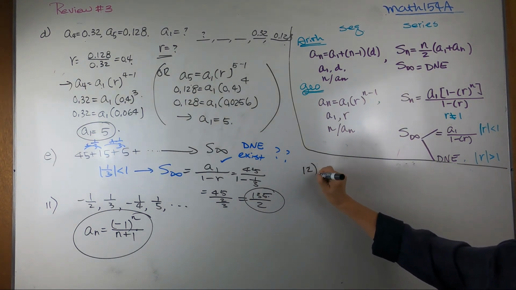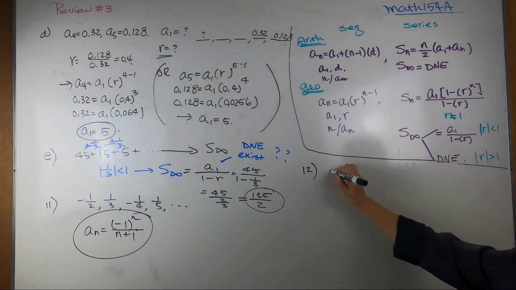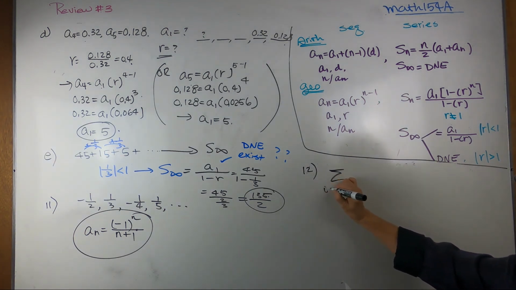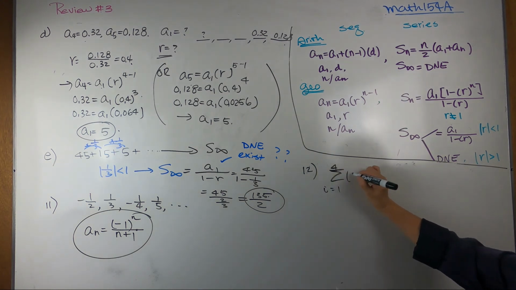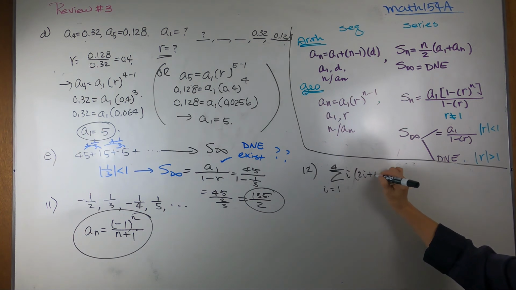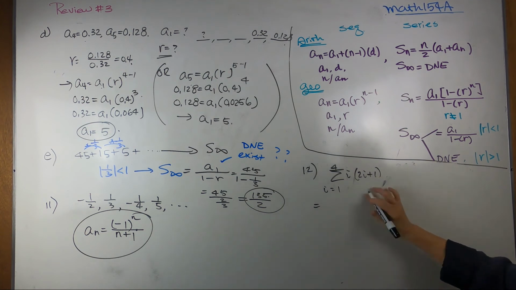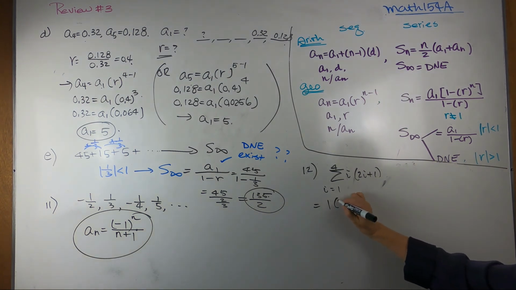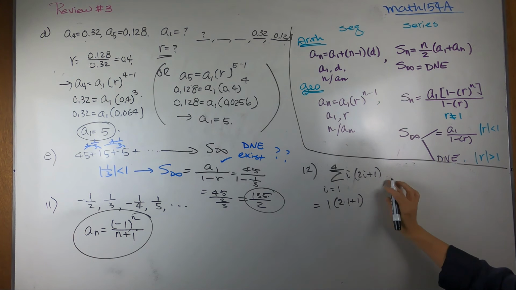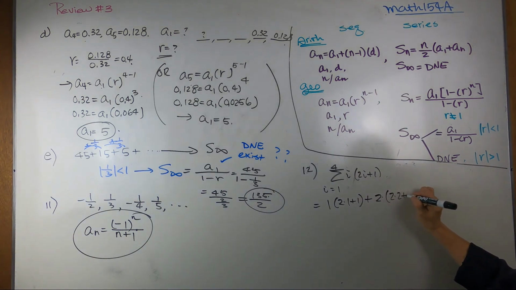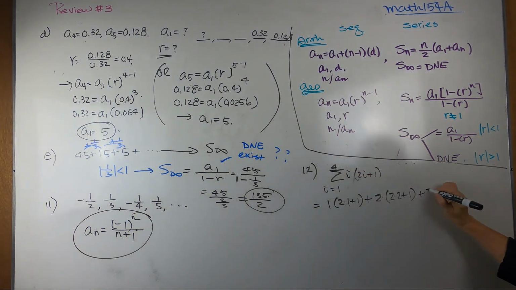Okay, let's look at the next one. We'll give you a sigma notation, then we ask you to do this. It means you need to add them up. All you have to do is just plug in. When i is 1, that's 1 times 2 times 1 plus 1. When i is 2, it's 2 times 2 times 2 plus 1. When i is 3, it's 3 times 2 times 3 plus 1.